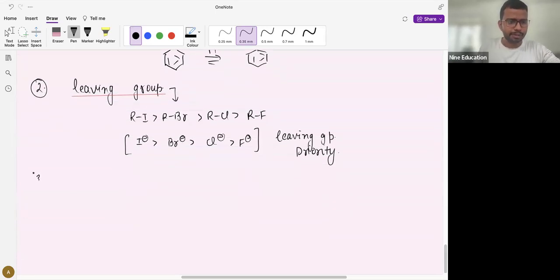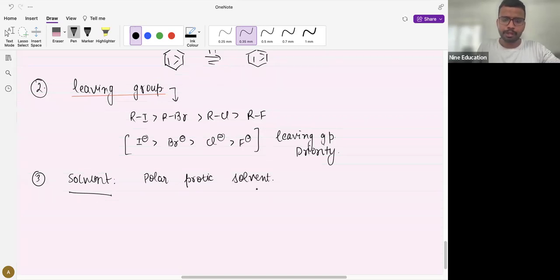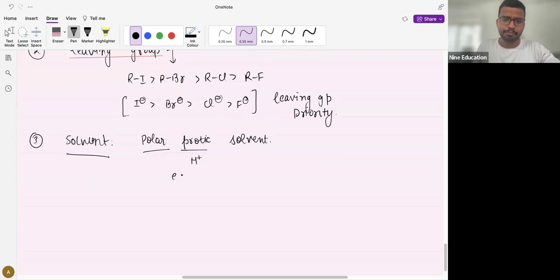Next one, third one also, right? Solvent which you have to use, always remember, you have to use polar protic solvents. Polar, you know, it should have a dipole moment. Protic means it should have H positive in that. For example, water is a polar protic solvent.